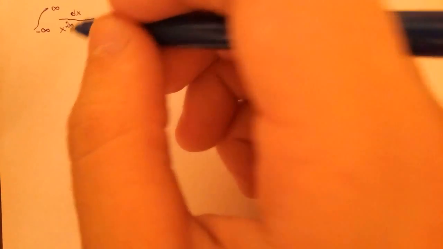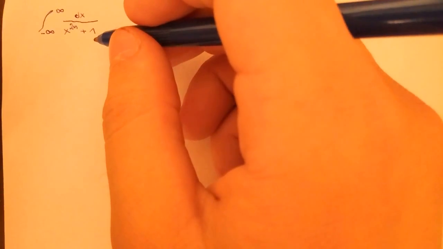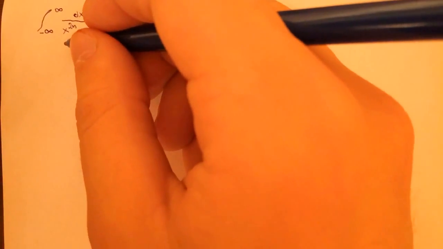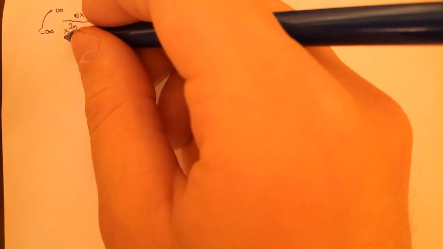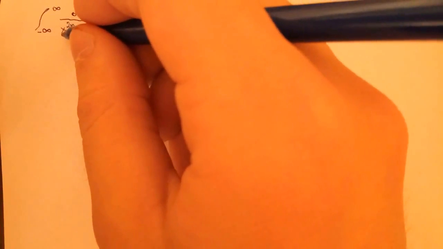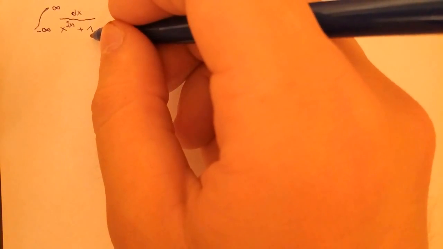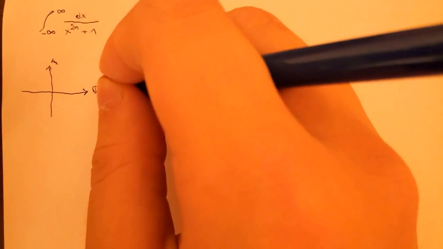What are the numbers which null this polynomial, which are the roots of this polynomial? We can write them on the Gauss real and imaginary plane.